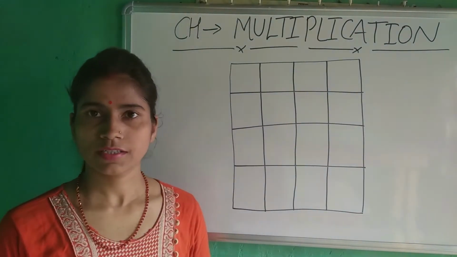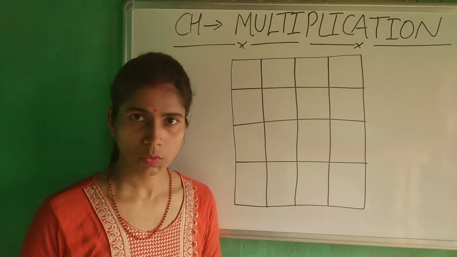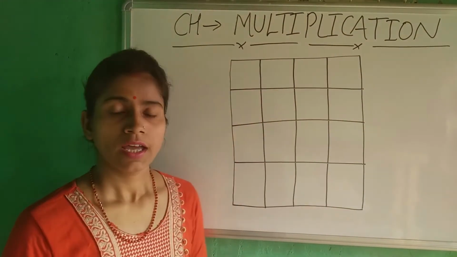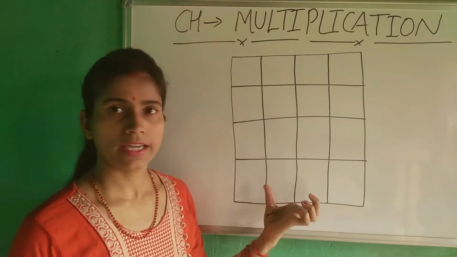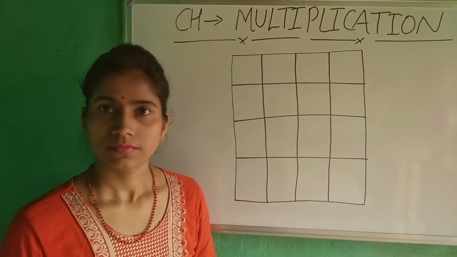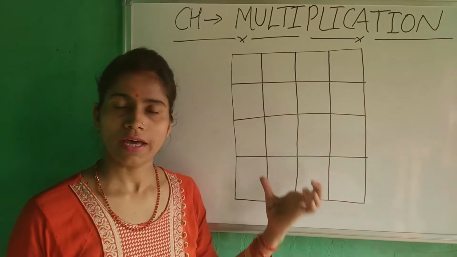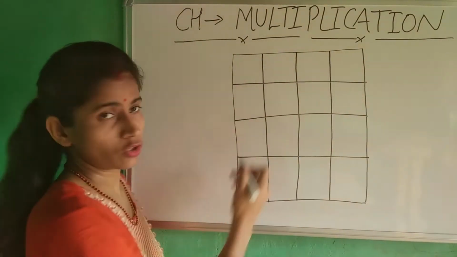If some boxes are drawn on the board, and you have to count how many boxes, how many blocks are there on the chart paper, whatever you have drawn, you have to count the blocks. How will you count? By adding also.